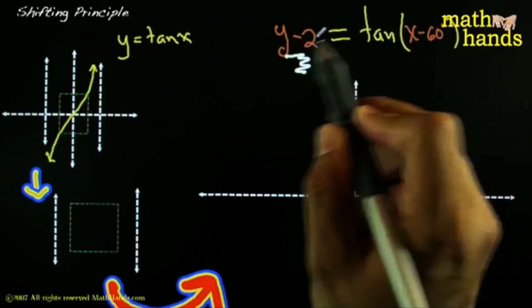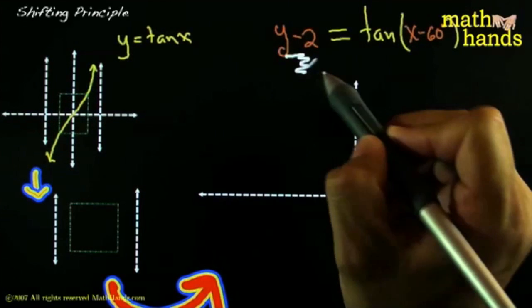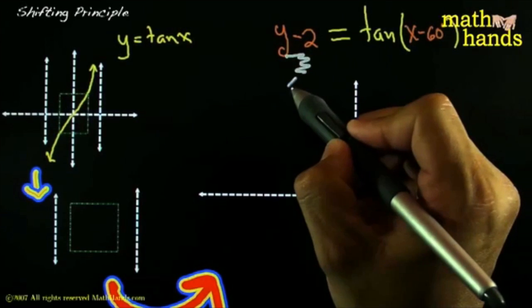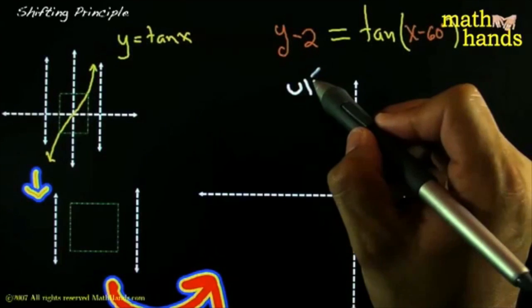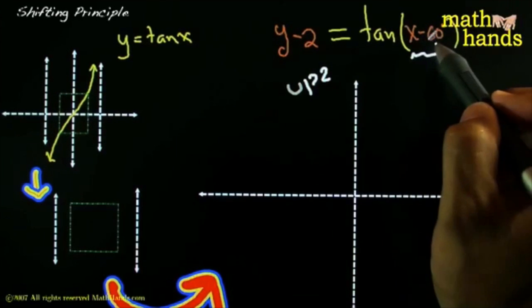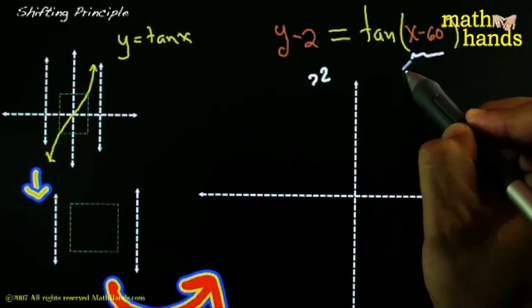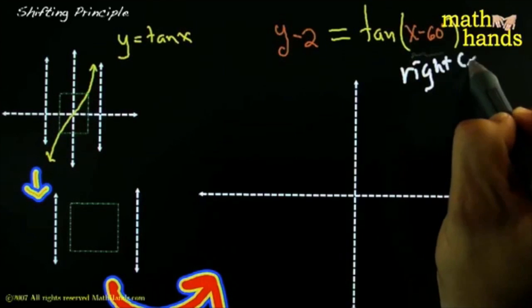What does this one tell you? You should immediately be aware that this one's telling you you're going to shift up 2. Okay? Up 2. And this one is telling you you're going to shift to the right, to the right 60 degrees.